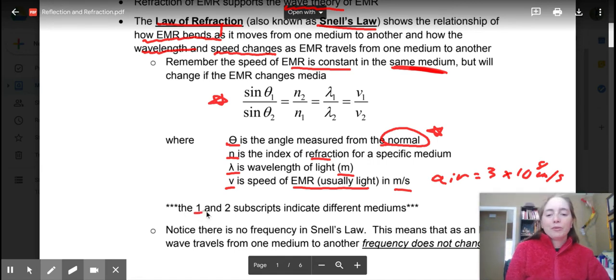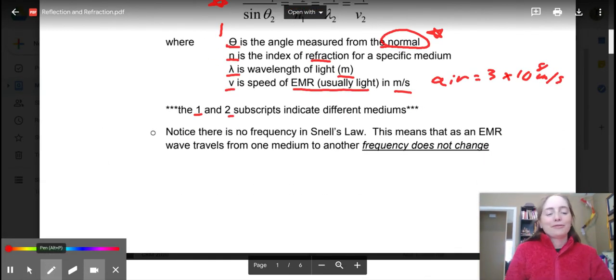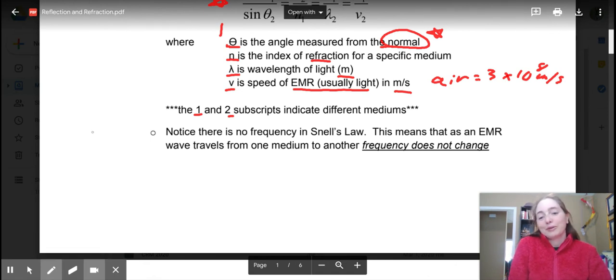Now, the 1 and 2 subscripts annotate different media. For example, 1 could be air and 2 could be water, or 1 could be molasses and 2 could be water, or oil. Just keep the numbers the same. Another key piece here, I would definitely say a subtle hint for a test: there's no frequency in Snell's law.